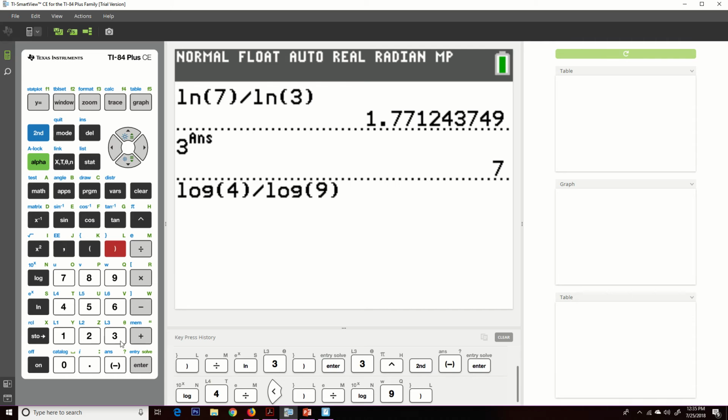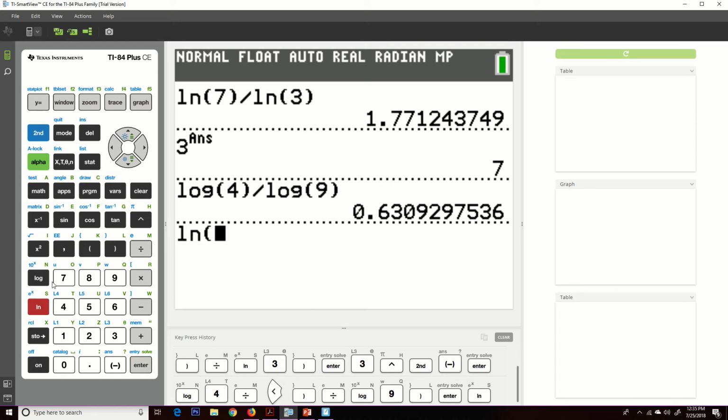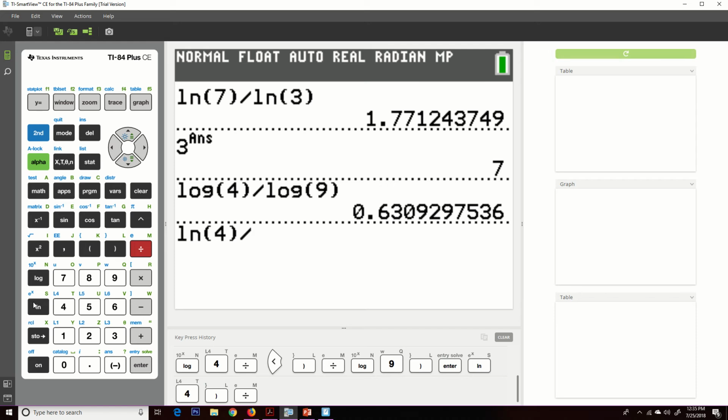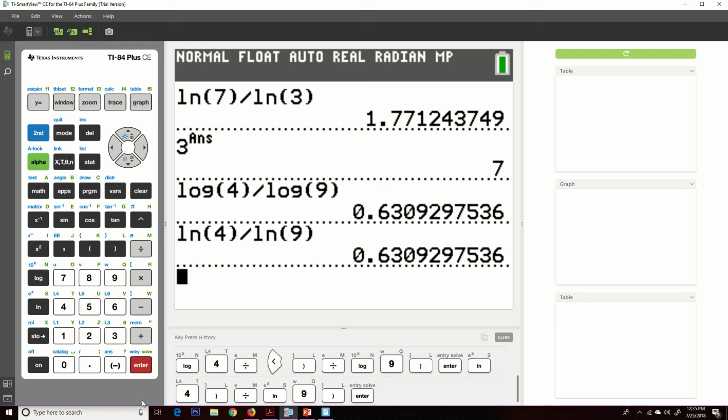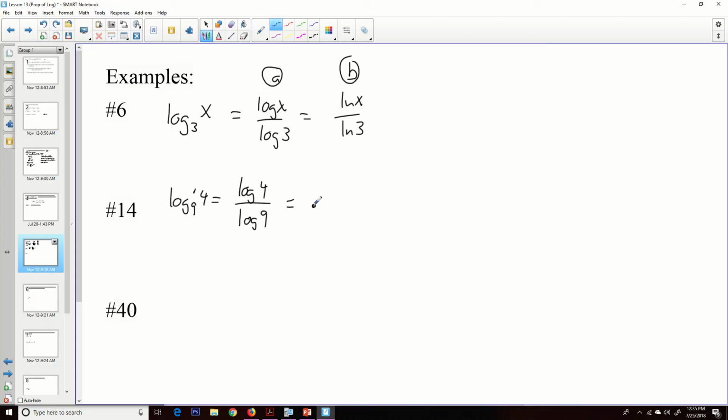Hit enter and we get 0.631 because we have to round to 3 decimal places. But I also want to show you ln of 4 real quick here divided by the ln of 9. Using the change of base formula, these two things should be equivalent, and we clearly see that they are. And so this solution is 0.631 after we do our rounding.